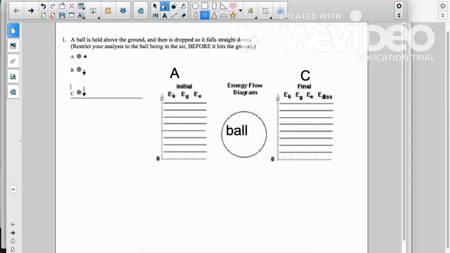So the type of energy that we're going to have is gravitational energy. Now the height of this doesn't really matter. You just have to match up however many bars you have on the left side to equal what you have on the right side. Now this one's C, so it's moving pretty fast, so we're going to have kinetic energy.